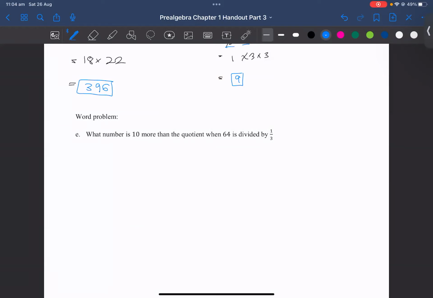Yeah, that's good. You have to find what number is 10 further. You divide by 3, divide by 1.